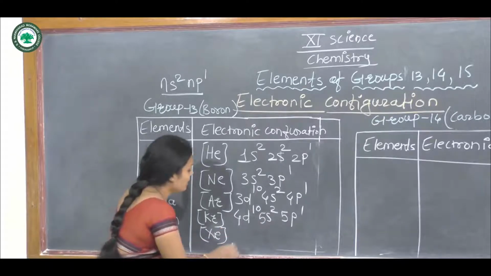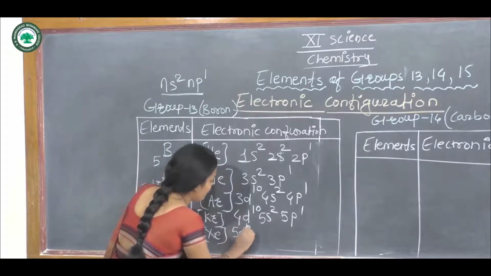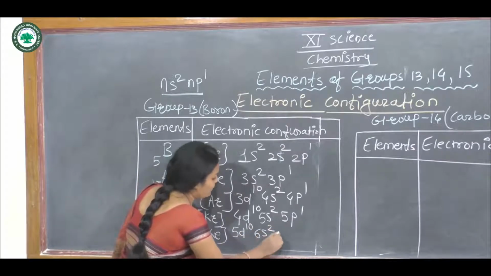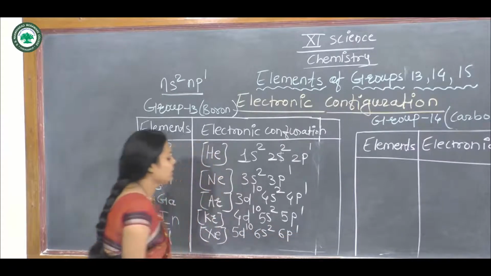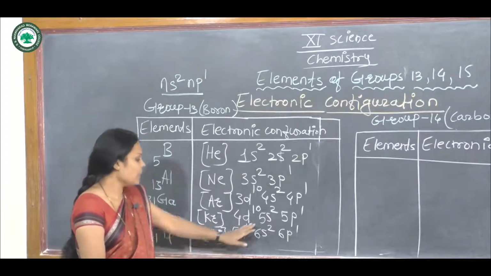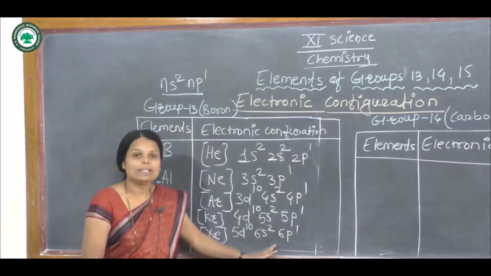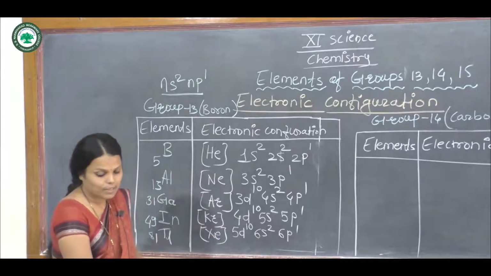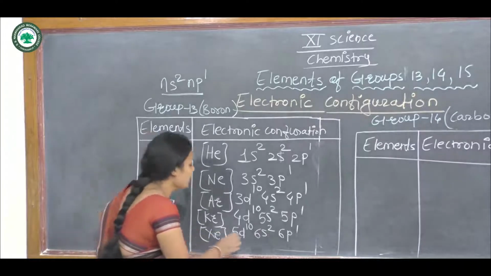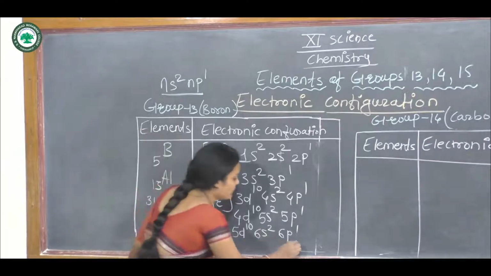Now here is 5d10, 6s2 and 6p1. This is the electronic configuration of thallium: 5d10, 6s2 and 6p1, and the remaining is 4f14.